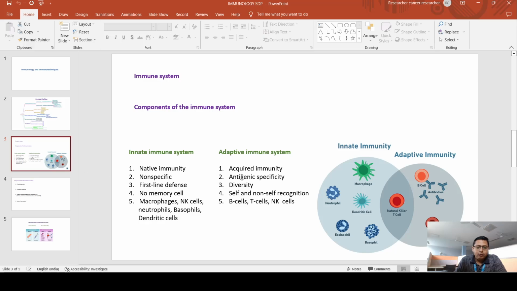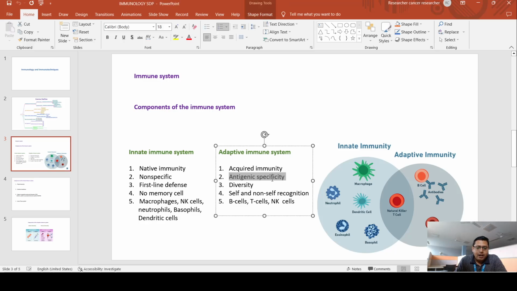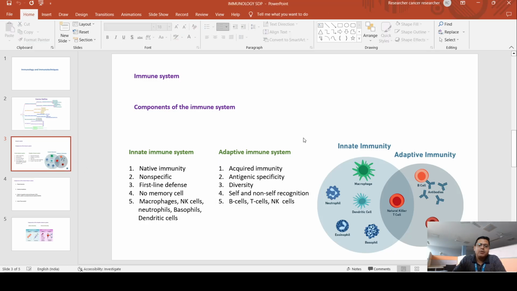The second point is antigen specificity. Antigen specificity means that if a bacterium attacks the cell, an antibody can be generated against that particular antigen. What do we mean by antigen? Antigens are any fragment of your pathogens which can induce the immune system in your body.